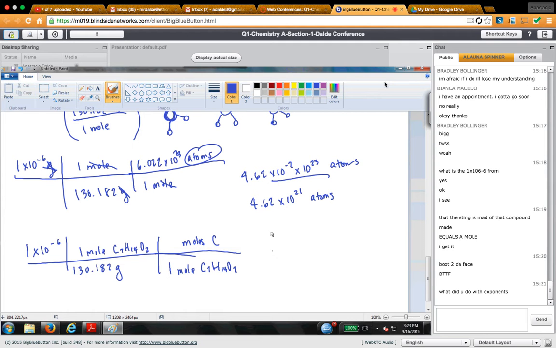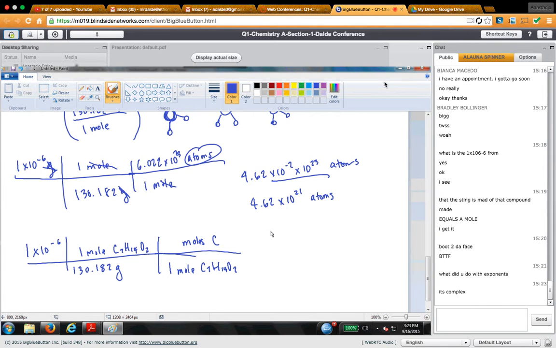Whatever 12.011 times 7 is? No. For every 1 mole of isopentenyl acetate, I have 7 moles of carbon.